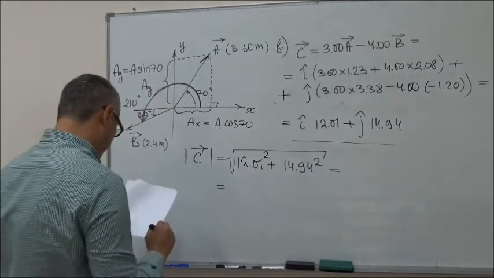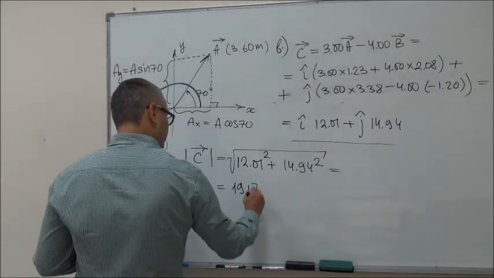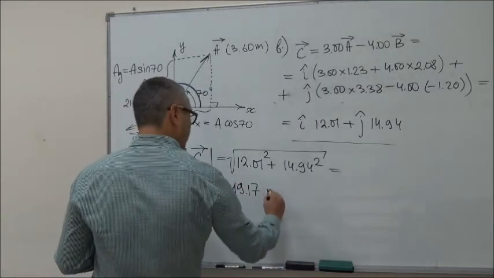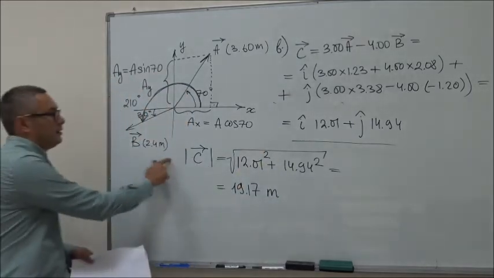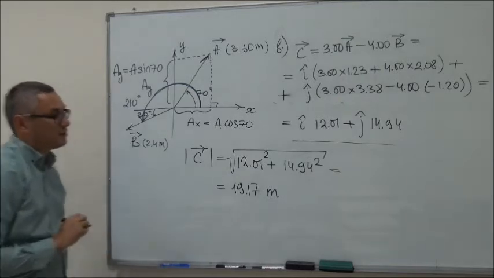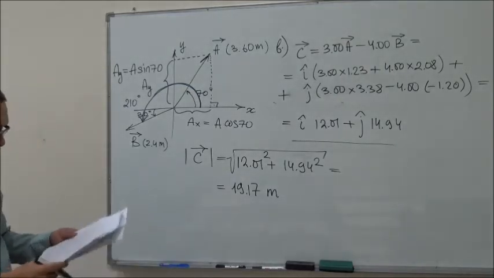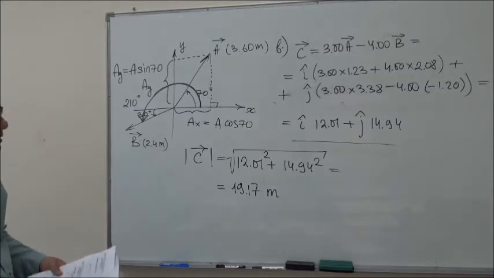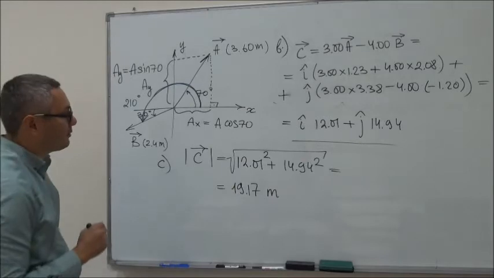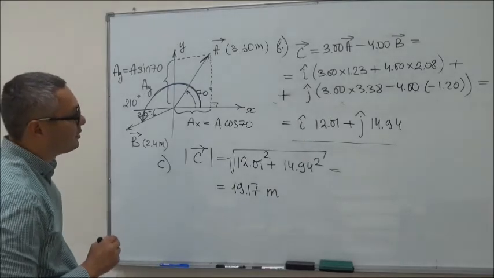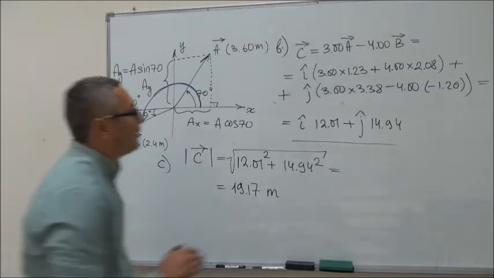If you calculate this, this will give you 19.17 meters. Now, because the vectors here are measured in meters, C has units of meters as well. So this answers part C of the question, where we need to find the magnitude, and now we need to find the direction of that vector.